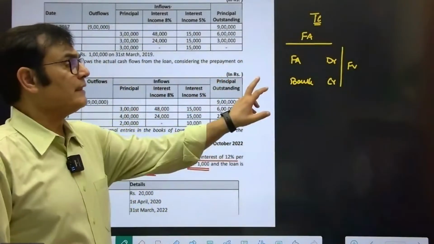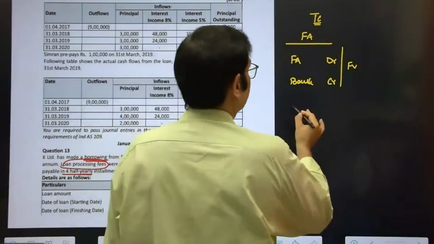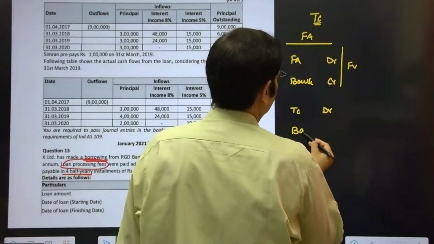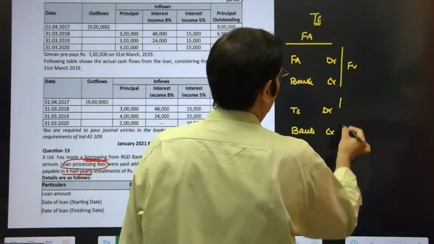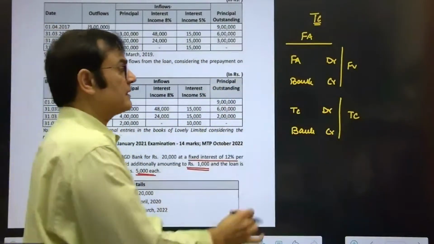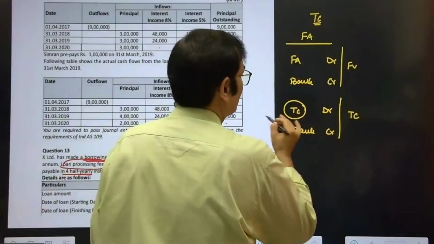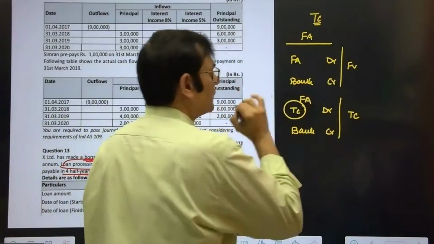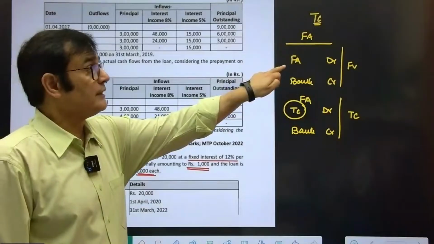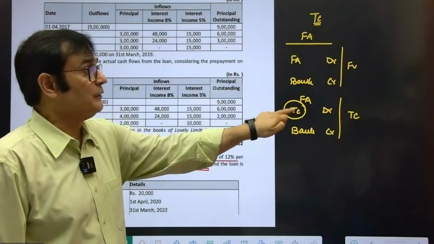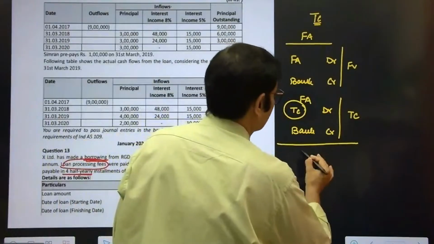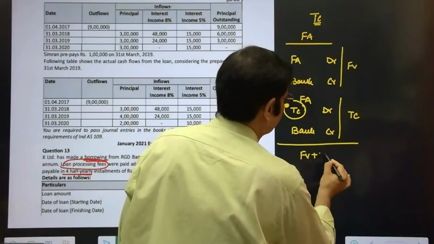Now, when you incur a TC, the entry becomes TC account debit and the bank gets a credit, and this is the amount of TC which is incurred. So instead of debiting the TC, we are debiting the financial asset. So see the logic: if the financial asset is debited at fair value and debited at TC, what is the conclusion? That you are recording it at fair value plus TC.